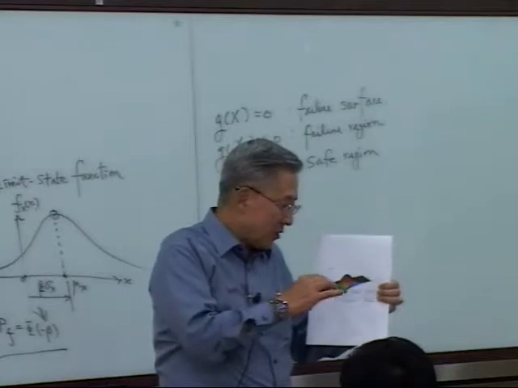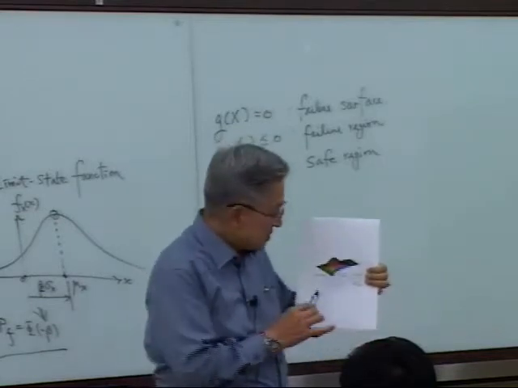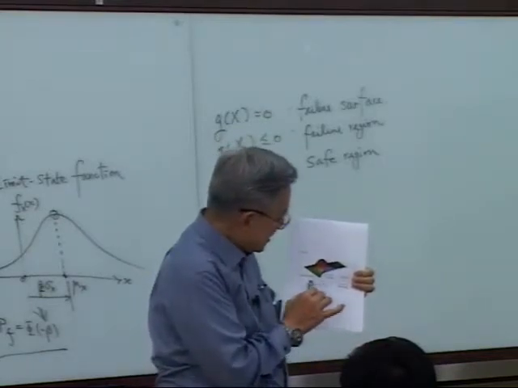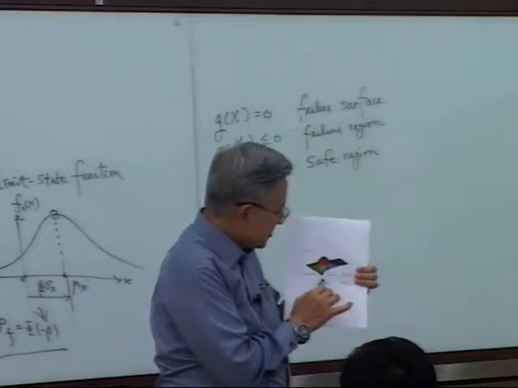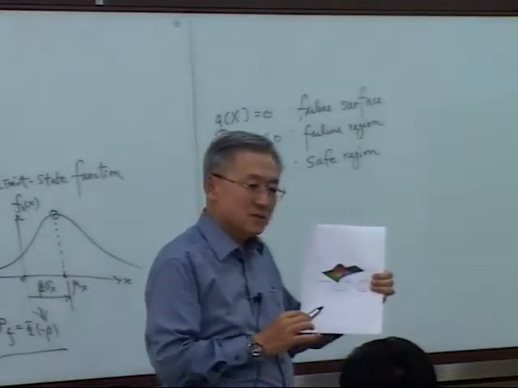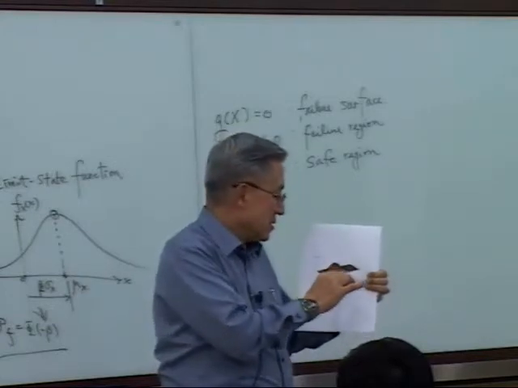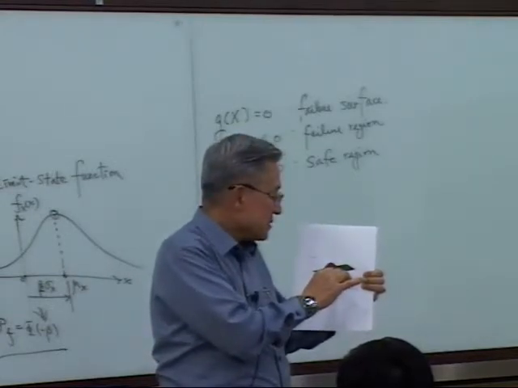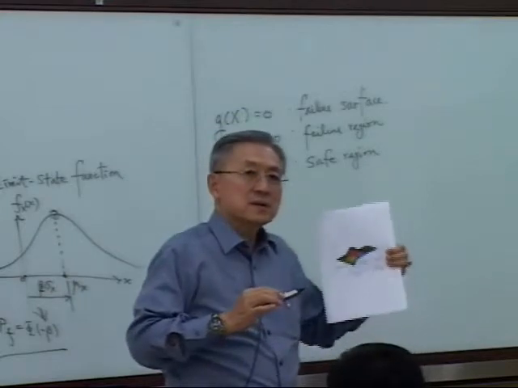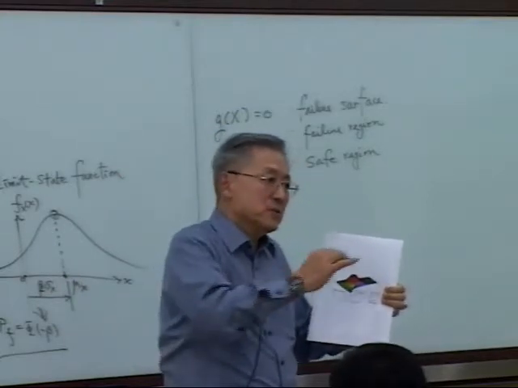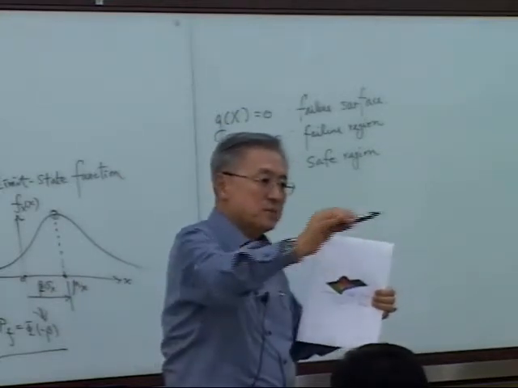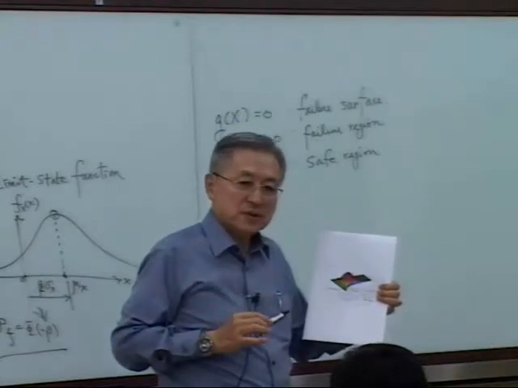There, all the contours are not like this. This is the center. This is not a circle. It could be any shape, depending on the probability model of X.